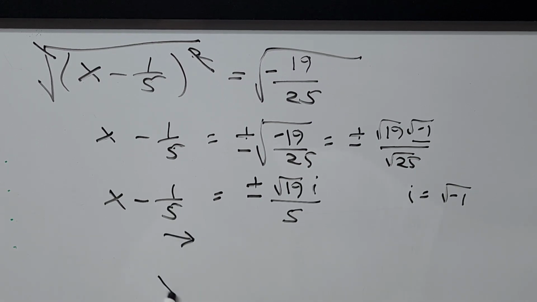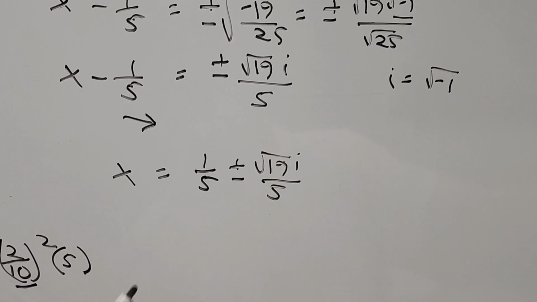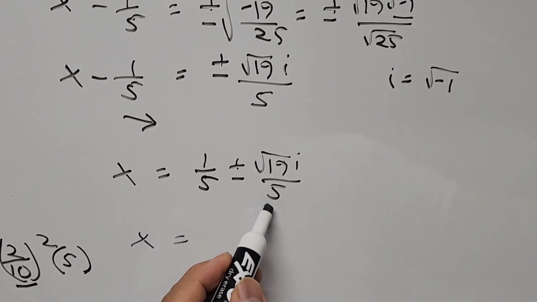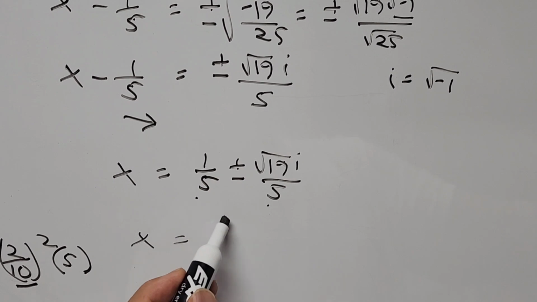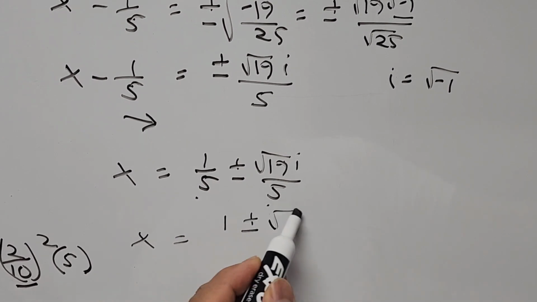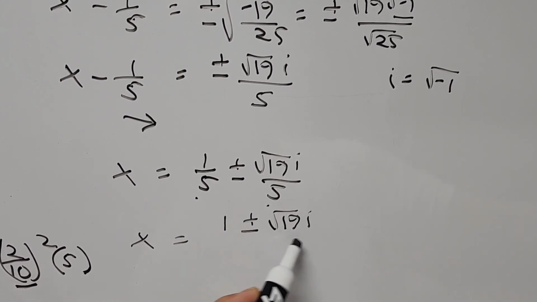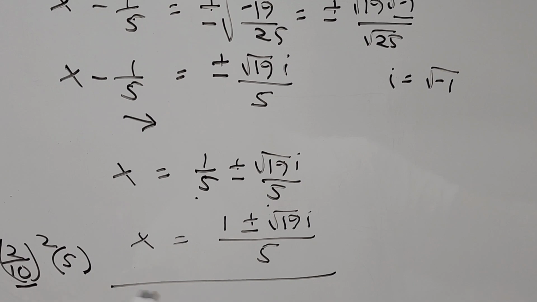So we have x is equal to, from negative it will become positive 1 over 5 plus or minus the square root of 19 times i divided by 5. So x is equal to, we have the same denominator 5, so we have 1 plus or minus the square root of 19 times i all over 5. We have the plus or minus right there, so we have 2 roots of x. So that's our final answer.